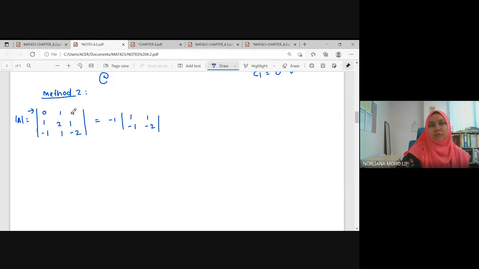Positif, negatif, positif. So untuk ni tutup first row and third column. Akan dapat ni lah. Okay, ni using cofactor expansion. Kalau you all nak gunakan Sarrus rule pun boleh untuk find the determinant ni. So depend lah.